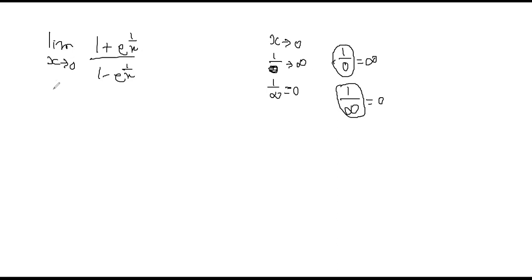Now, have you seen e anytime? This is the exponential, e raised to power x, and its graph is this. First of all, you take the LHL: limit x tends to 0.